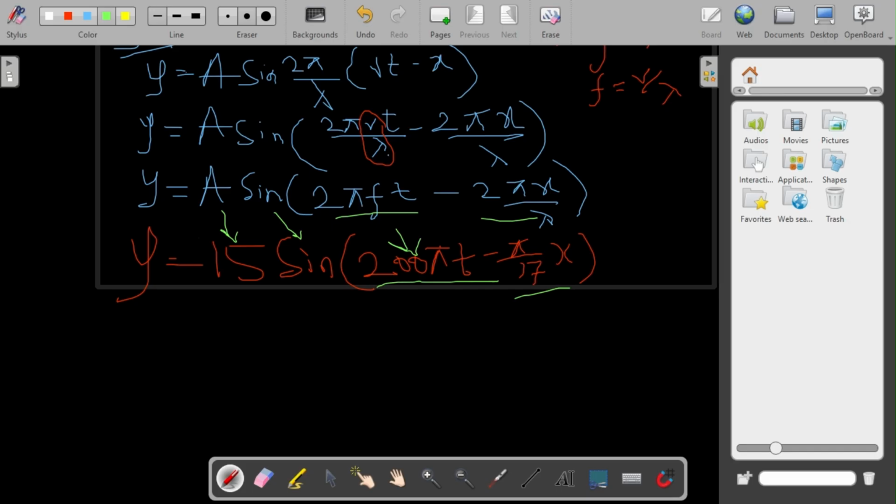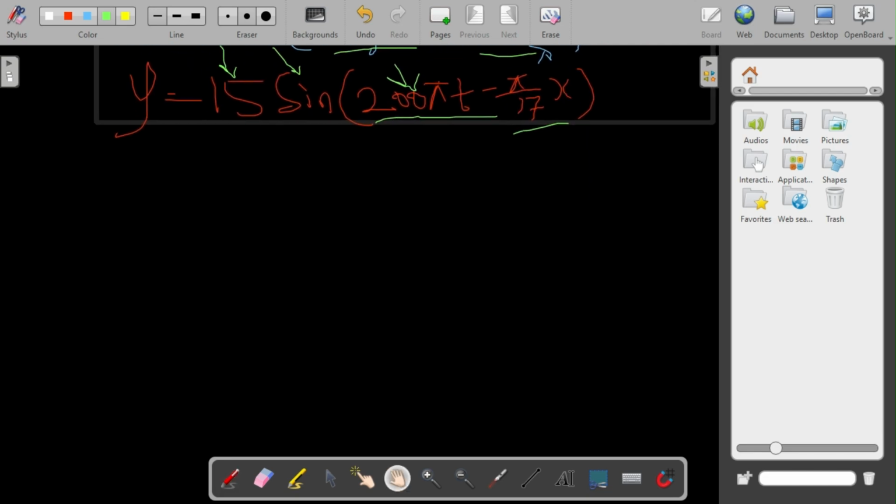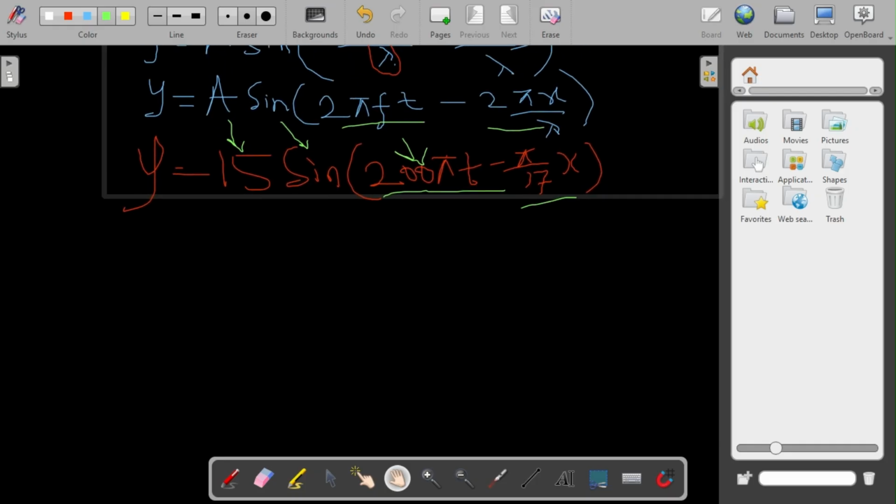So it is easy to answer these questions now, because remember, we said what is the amplitude, frequency, wavelength, and wave speed. What is the amplitude? The amplitude here is A. So write this as amplitude equals 15 meters.